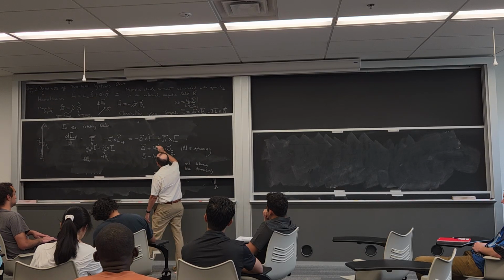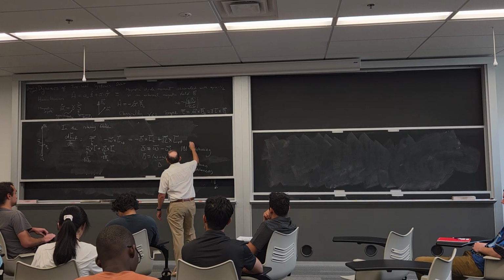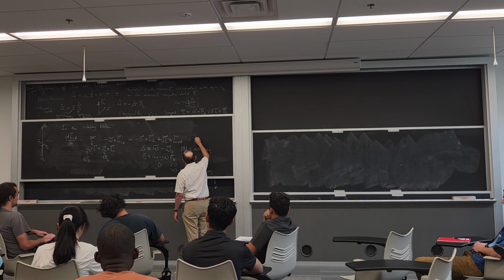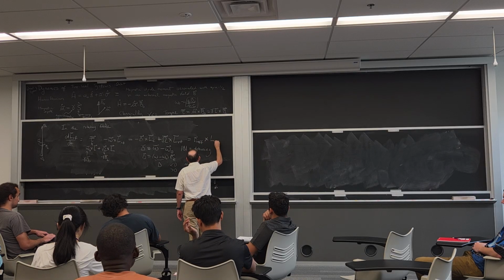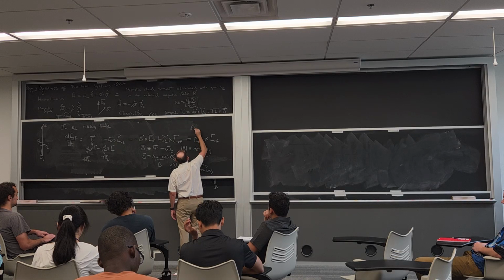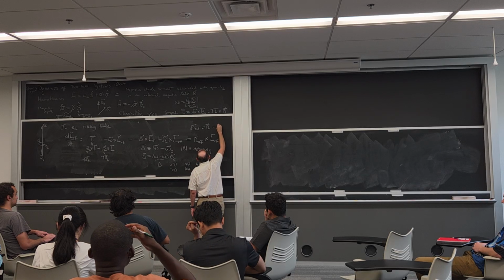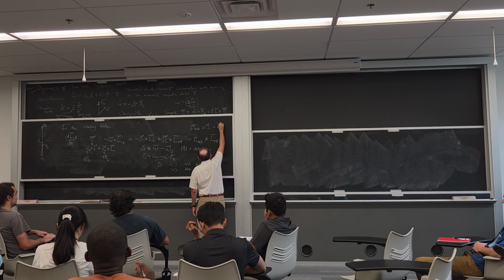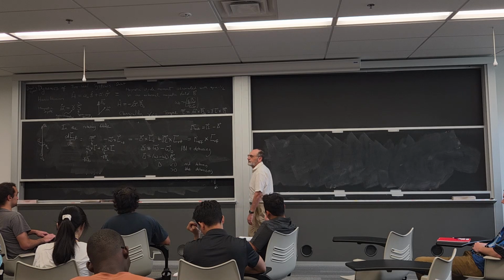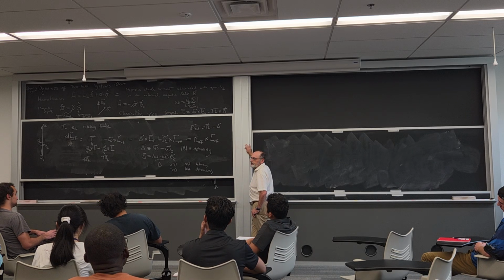This is all in the rotating frame. What this is equal to is omega effective crossed into L, where omega effective is omega minus delta. Everyone see that? Okay.